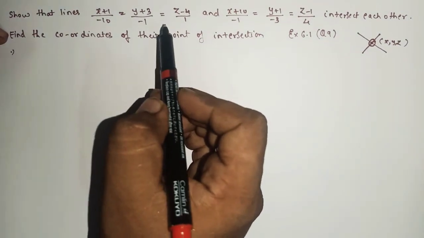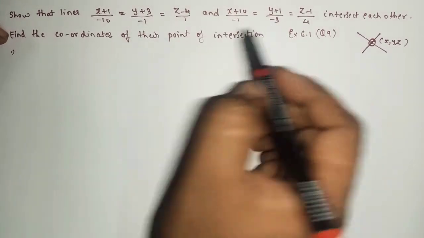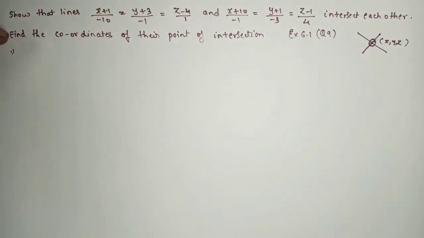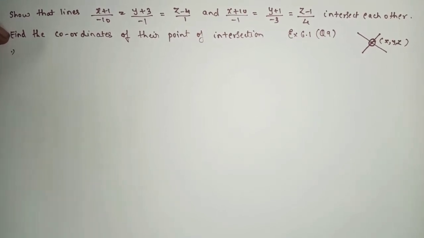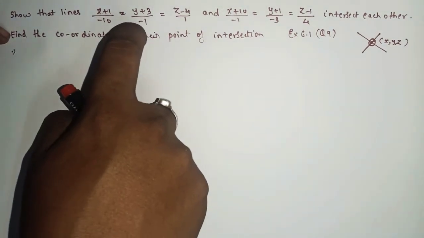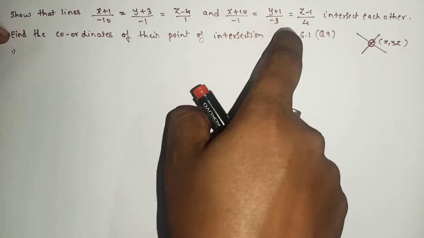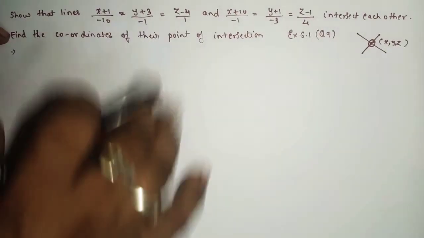If for this equation and for this Cartesian equation of line the x, y, z coordinates are equal, that means the two lines intersect each other. Or in simple language, if there exist some values of lambda and mu, then also the given lines intersect each other. So let's begin with the sum.